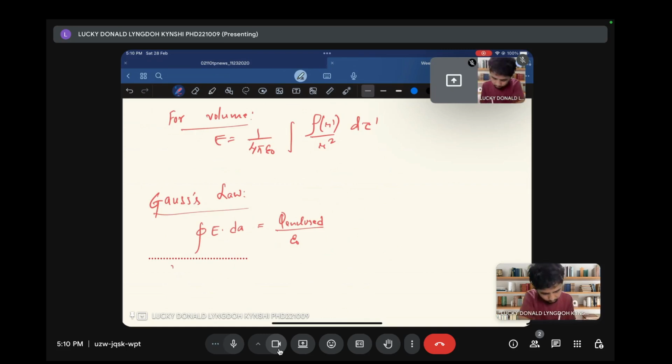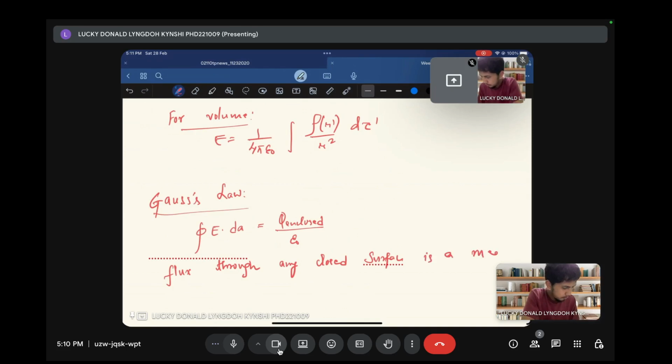It means that the flux through any closed surface, and I say closed surface because this is a closed integral of E dot dA, is a measure of charge, which is q by epsilon naught.